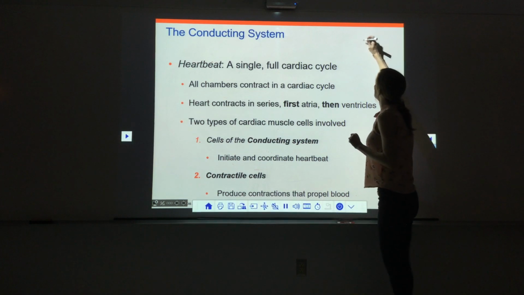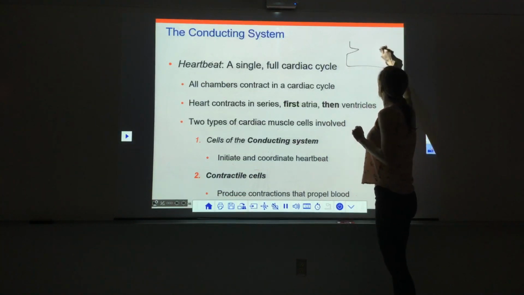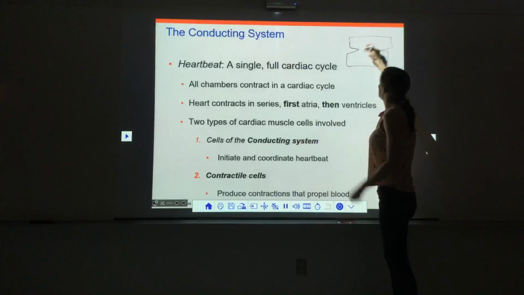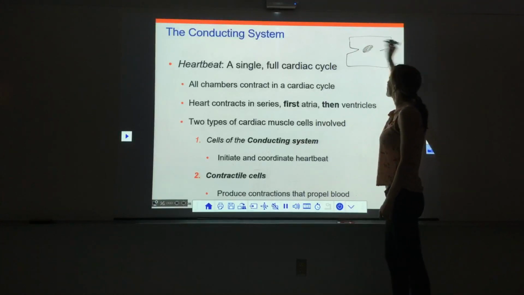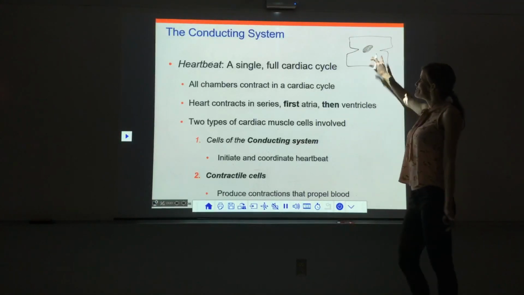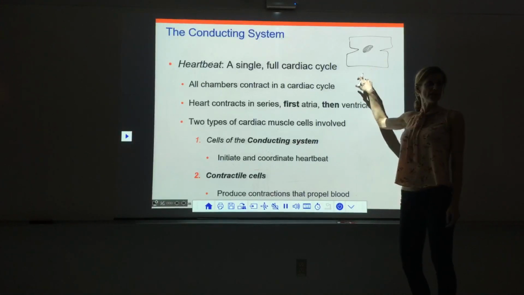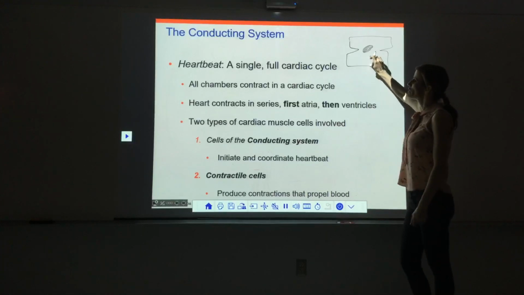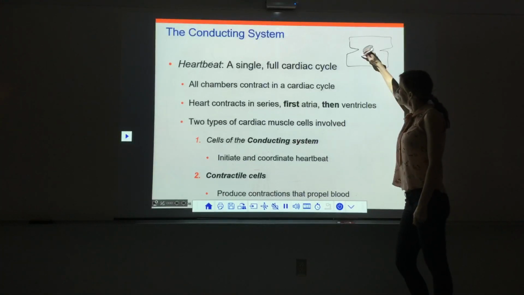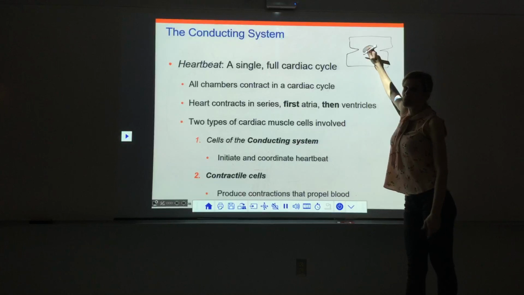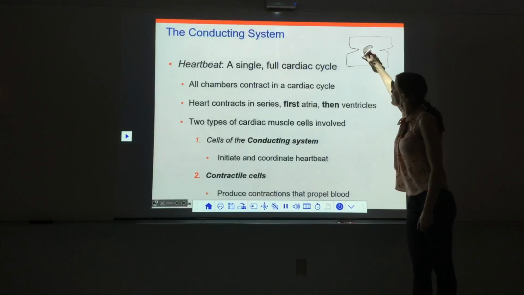So when we look at a cardiac muscle cell, here's my cell. Right off the bat, remember we have differences in ion concentration inside a cell and outside a cell. What ion do we have more of inside? If you had me, you better speak up. Thank you.